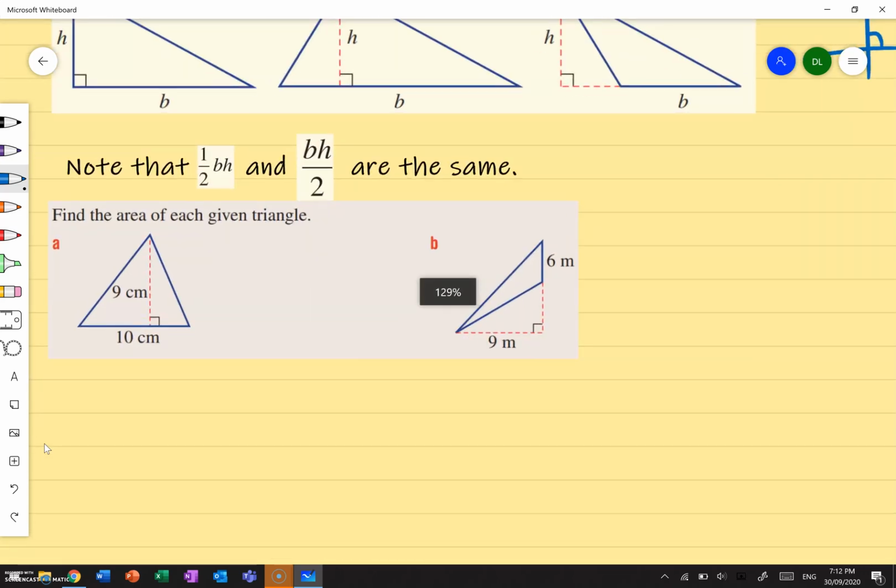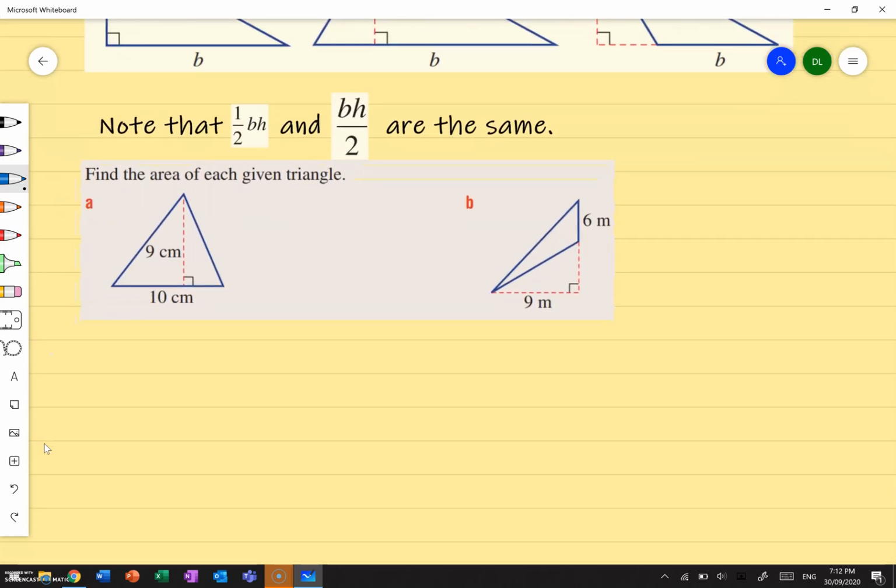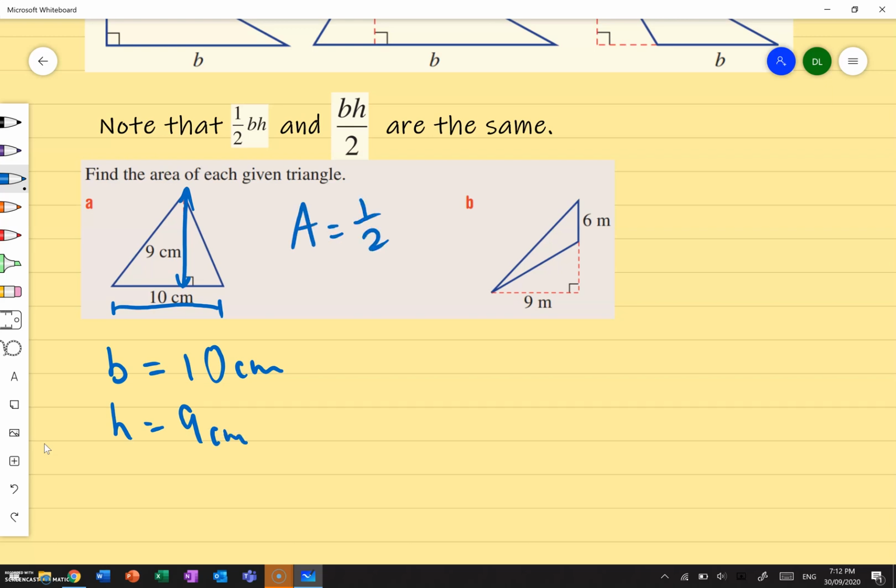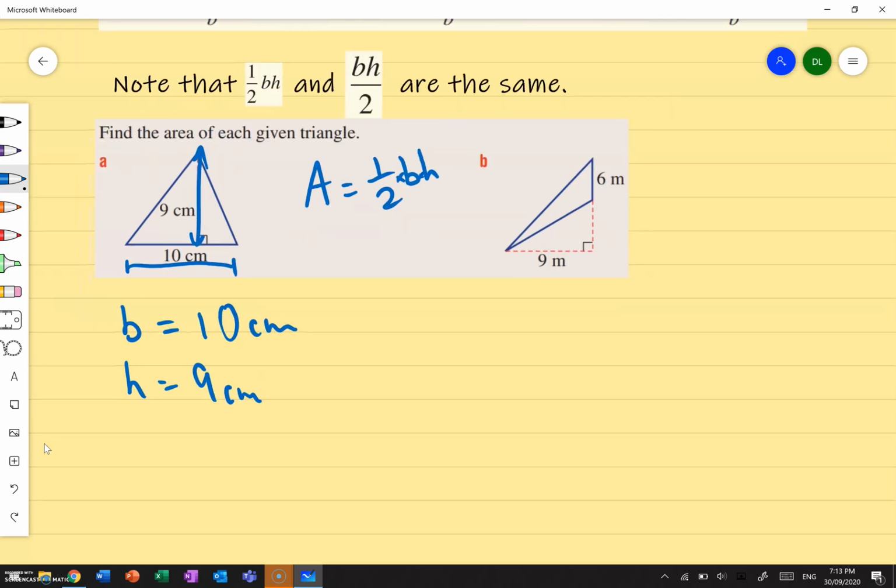So, find the area of the given triangle. I've been provided with a triangle here. I know that my base from here to here is 10 centimeters, so base equals 10 centimeters. I know my height from there to there is 9 centimeters, so height equals 9 centimeters. And remember that our formula is half times base times height. So my area of this triangle, A, is going to be half times base, which is 10, times height, which is 9, and then I multiply them.